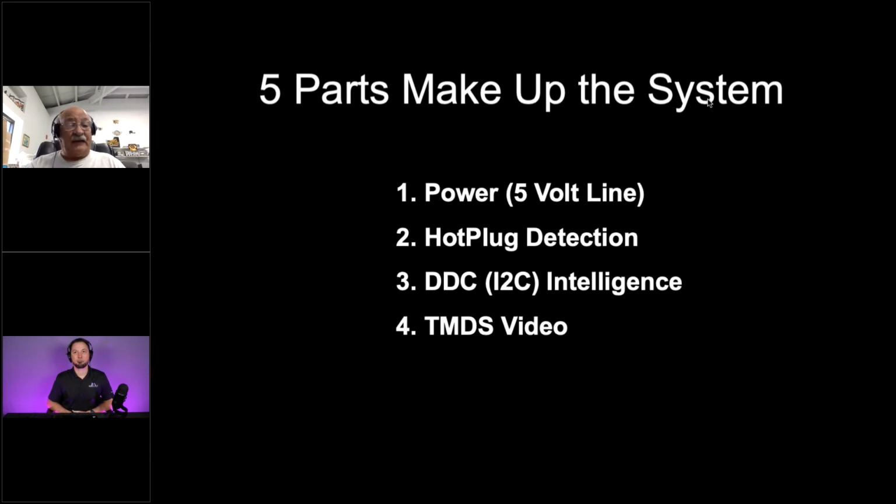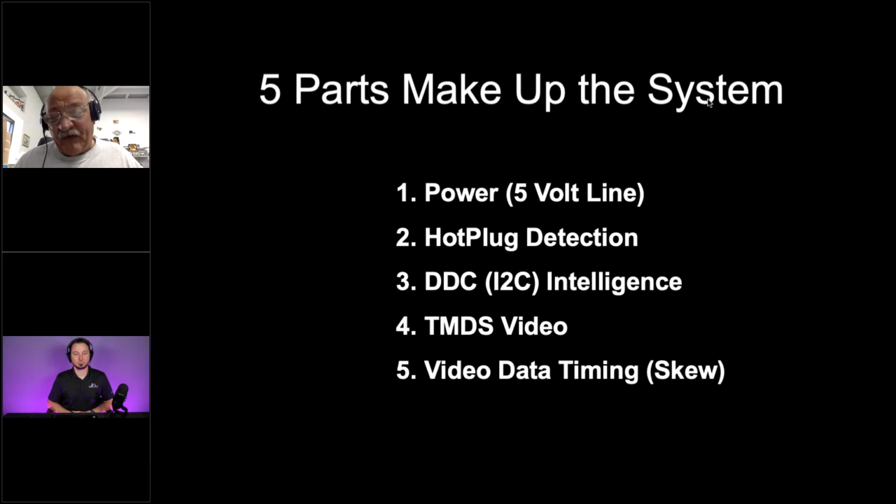Yeah. And last but not least is timing. We're operating so fast that the skew, or the time differential, between all these wires matters. Now you have to remember, there's not 4 wires. Right, there's 8 wires, because it's differential. Well, it's 6 with the ground, right? But in the signal wires, it's differential.